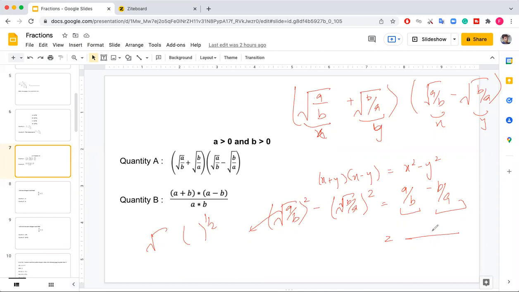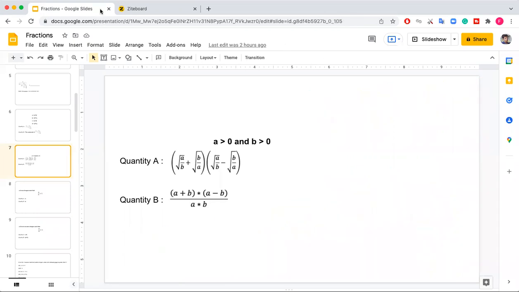Just take the LCM and come up with the equivalent fractions, and this will be A square minus B square over AB. And if you open this, this will be A plus B into A minus B over AB, which is the same as the quantity B, right? Yes or no? Yes. We are too slow. Let's proceed quickly now.